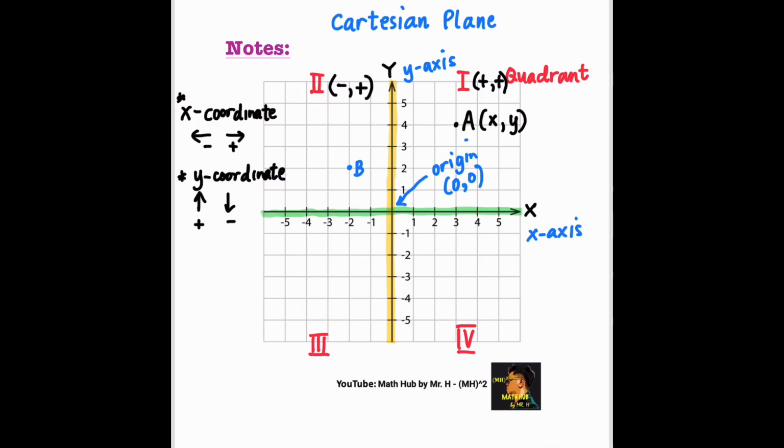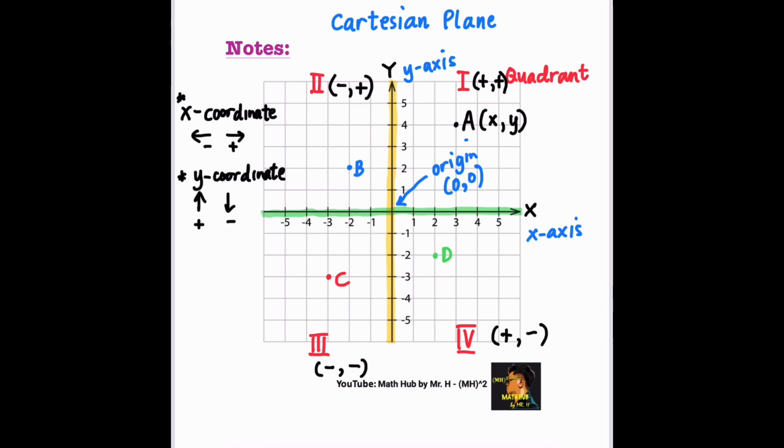Alright, if there is a point in quadrant 3, for example, point C here, definitely the coordinates of point C will be x-coordinate will have negative sign as well as the y-coordinate. And if you have a point in quadrant 4, say this is point D, definitely x will have a positive sign while the y-coordinate will have a negative sign.